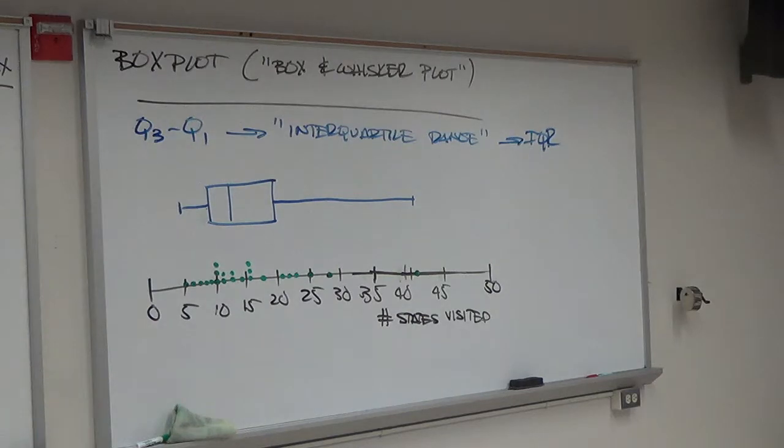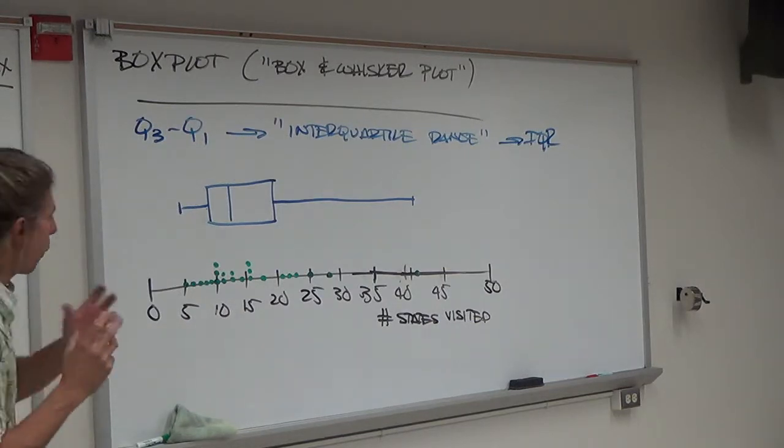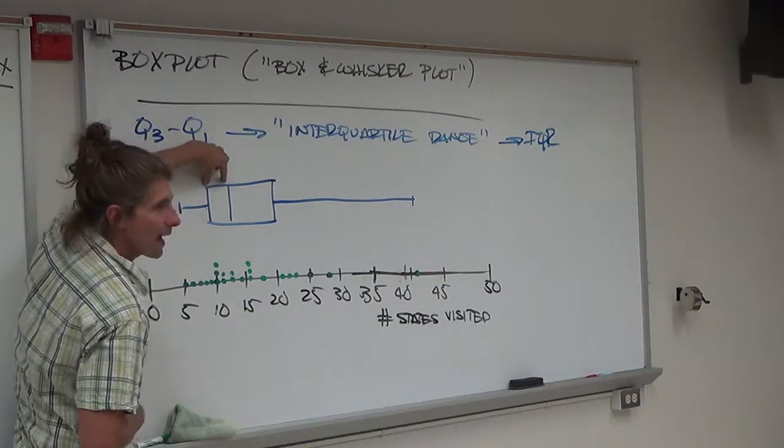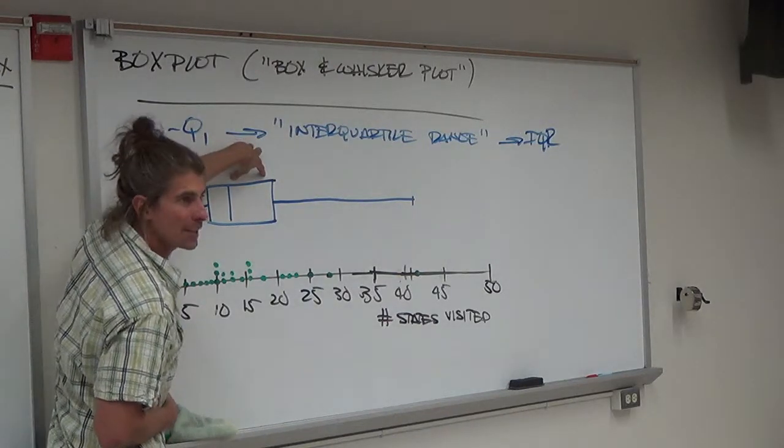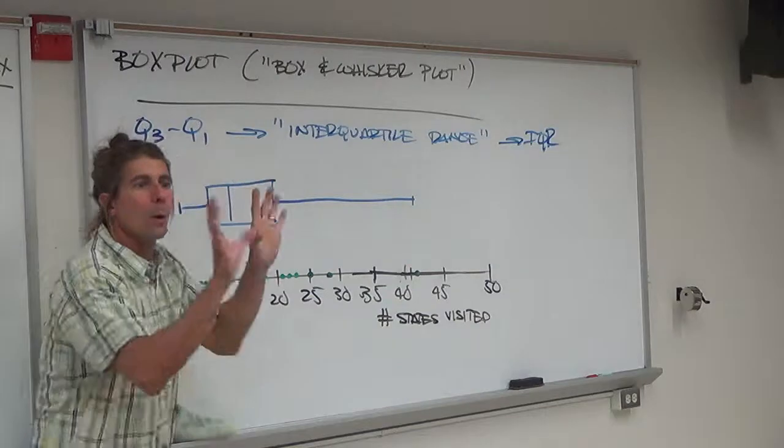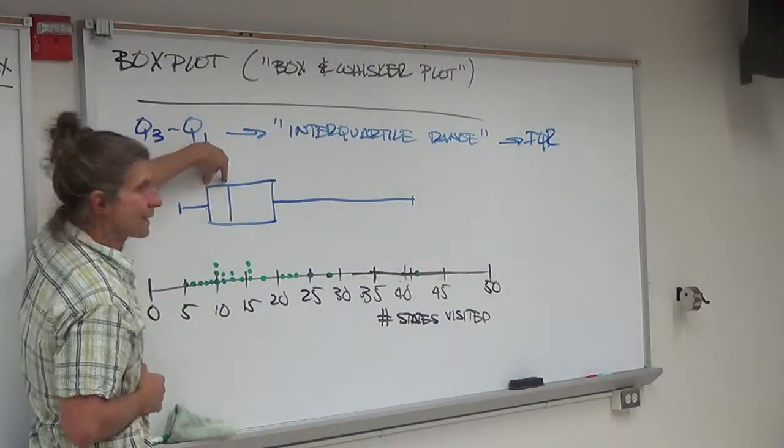Now, when you look at that, you see clumping, yeah? You get clumping. You see why this is so narrow and this is comparatively so wide. What percent of the data is in here?